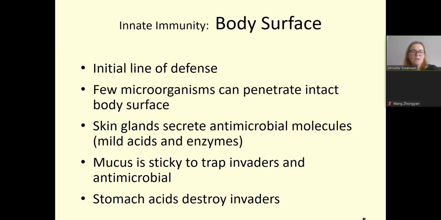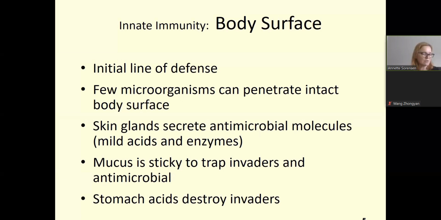You know that many of our cells secrete mucus in the mucous membrane, for example, in the lining of the respiratory and upper gastrointestinal tract. That mucus can trap invaders, and it can also have antimicrobial activity. Also, we have stomach acids, for example, and stomach acids can obviously destroy invaders.